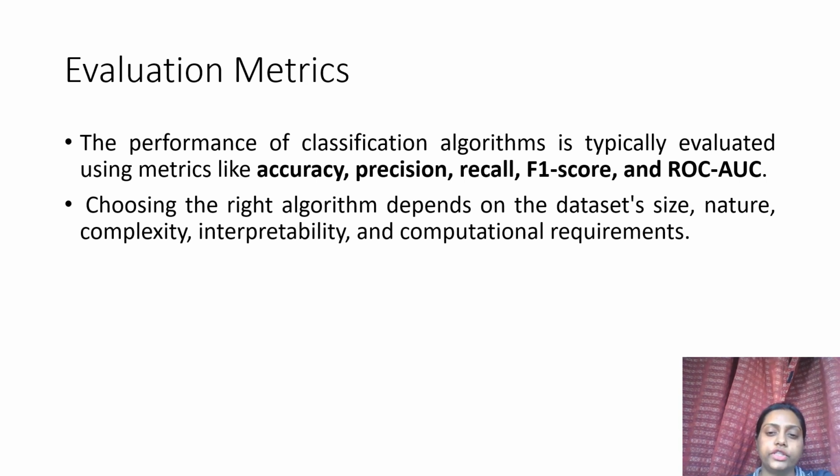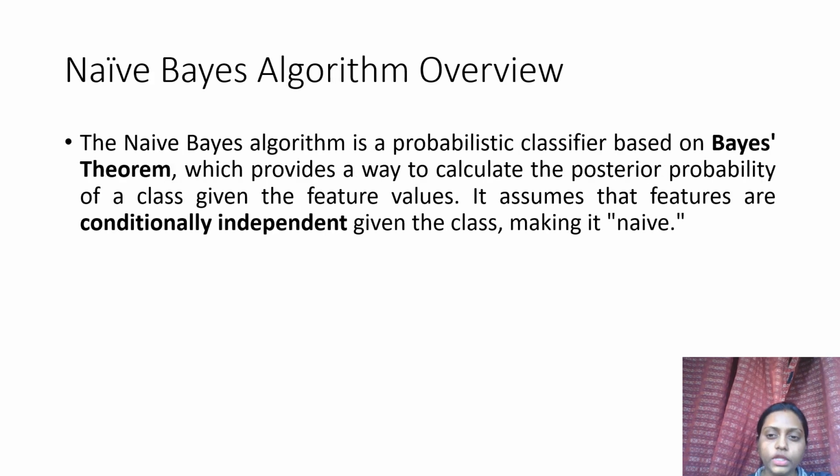Choosing the right algorithm depends on the dataset size, nature, complexity, interpretability, and computational requirements. That means we have some criteria, and based on the criteria, we can select one particular algorithm. Now we start today's algorithm, which is naive-Bayes.